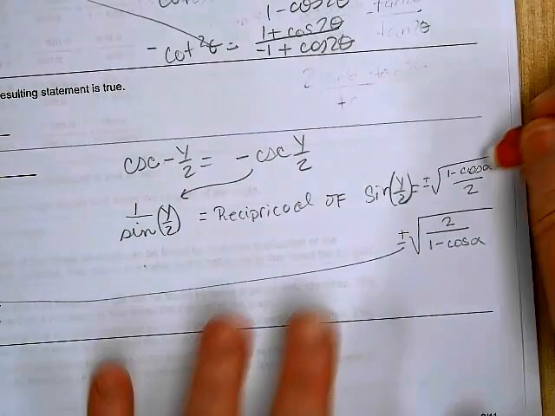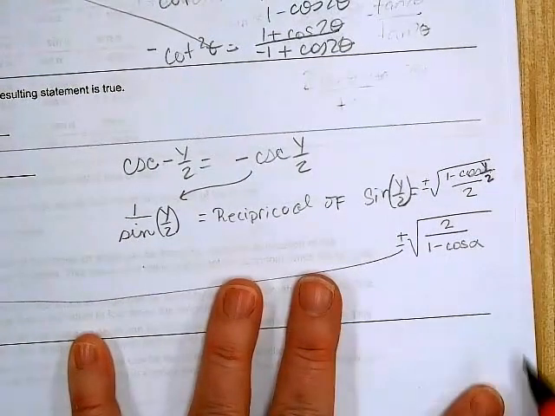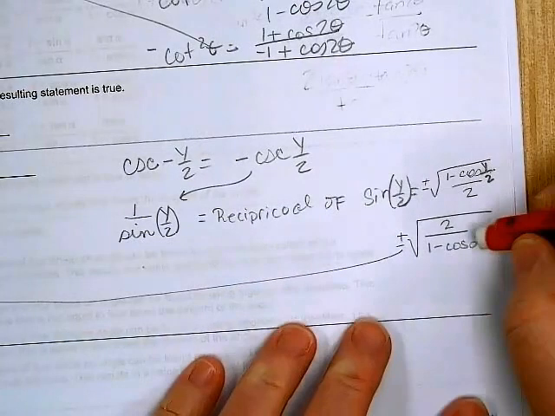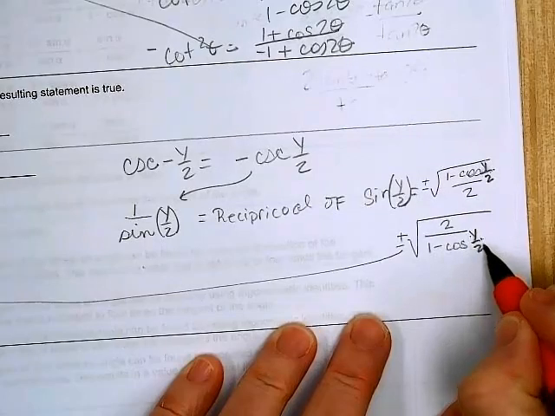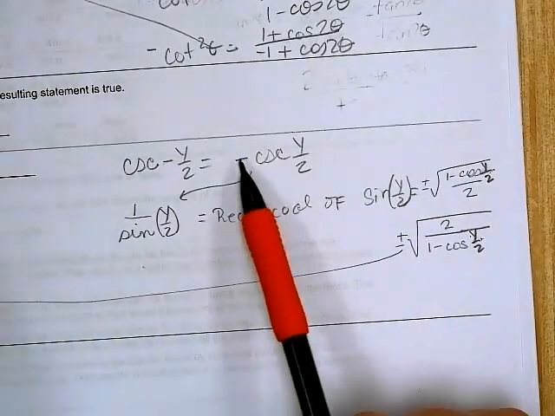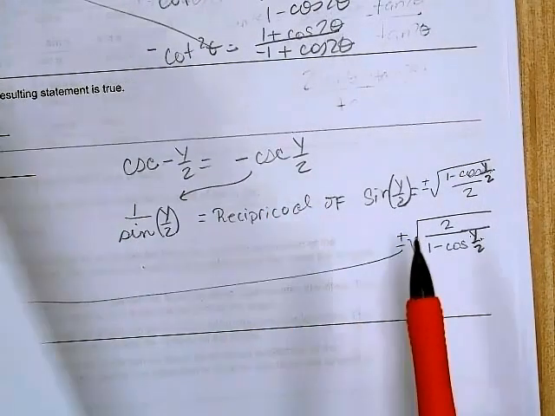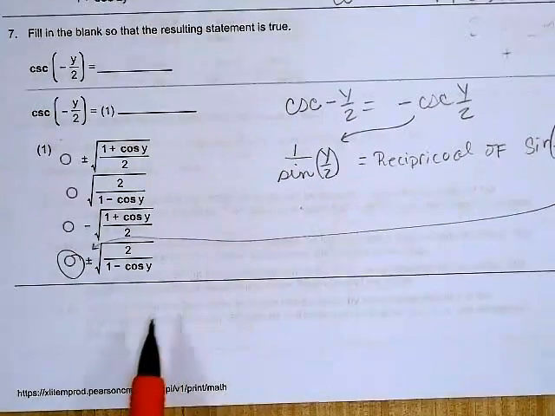I should have y over 2 in there. Then what I'll need to do, if I want the cosecant, is have the reciprocal of that, so I'll flip it. Okay. It has a negative. If you apply the negative to a positive, it makes it a negative. If you apply the negative to a negative, it makes it a positive. So you still need the plus minus in front of that, and that answer choice is here.